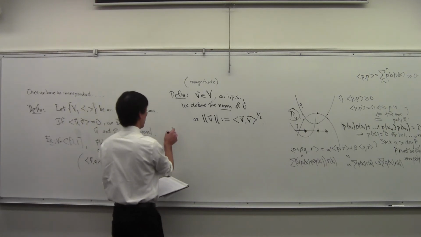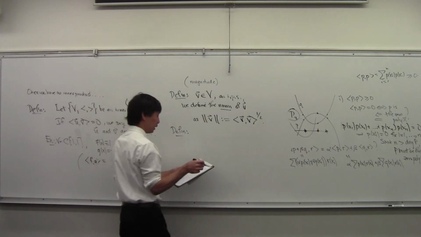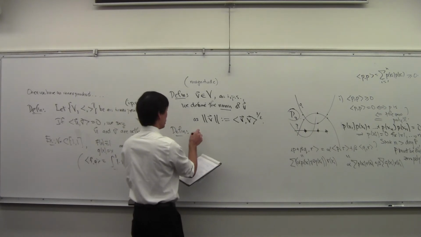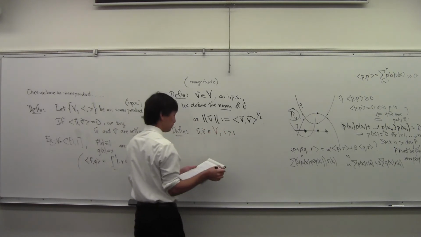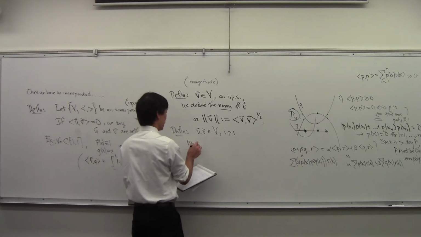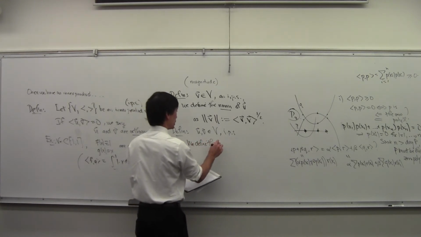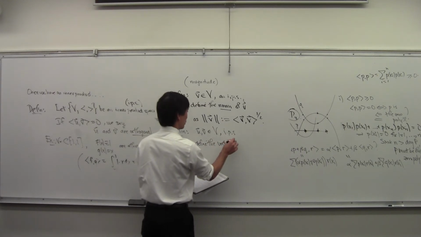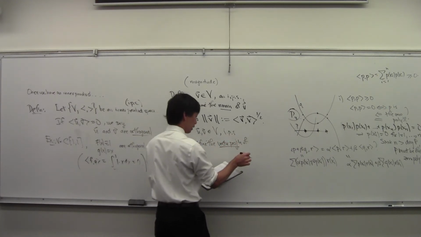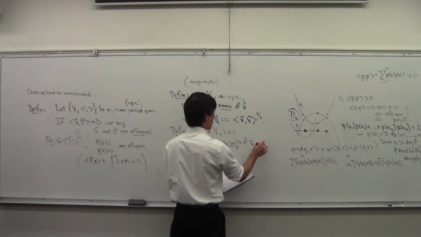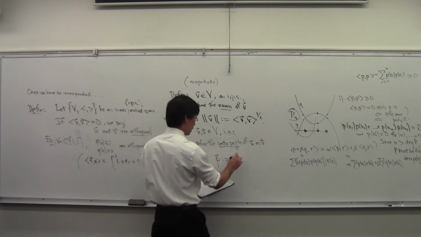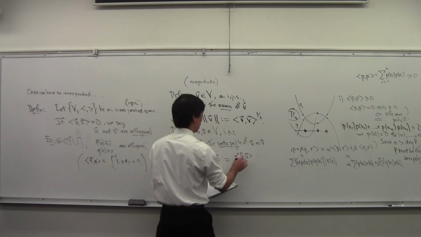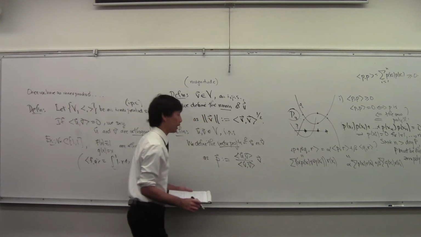Another thing that we can introduce is the idea of projection. So suppose that u and v are in the inner product space again. We define the vector projection of u onto v as the inner product of u against v over the inner product of v against v, times the vector v.